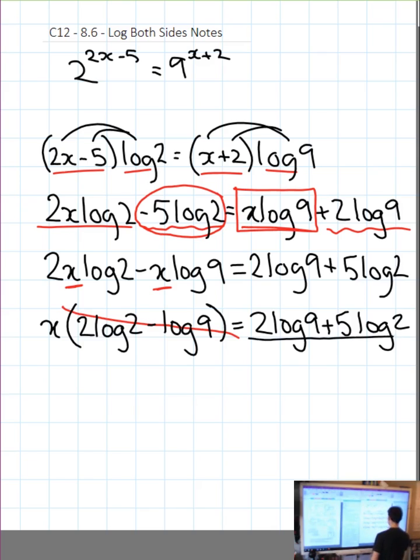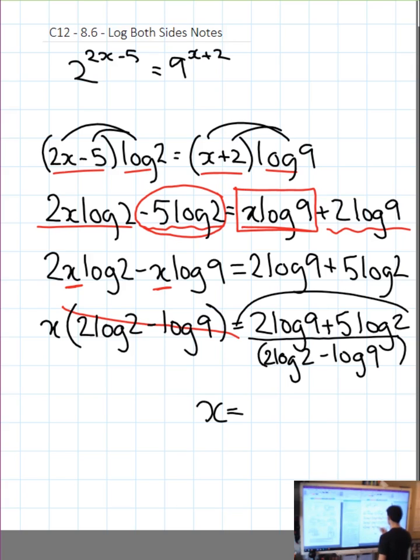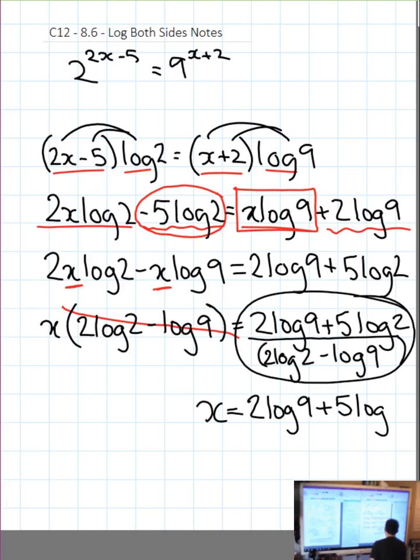So it's going to show up right below here: 2 log 2 minus log 9. Therefore, x equals 2 log 9 plus 5 log 2 all over 2 log 2 minus log 9.